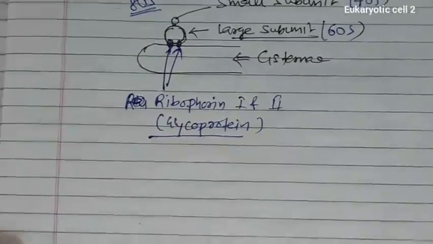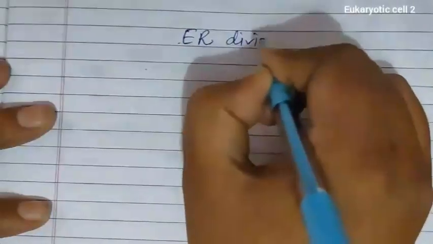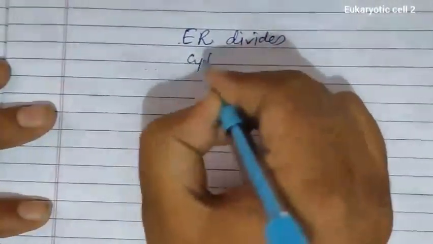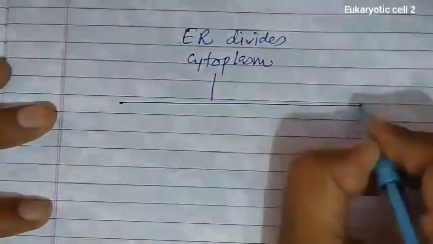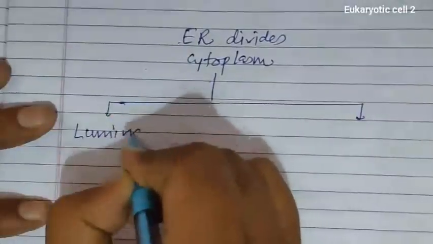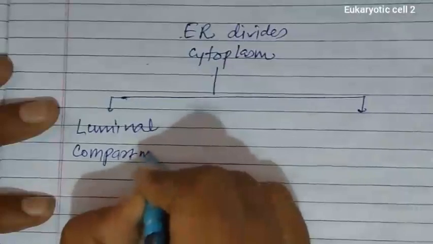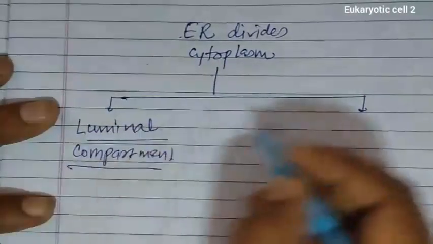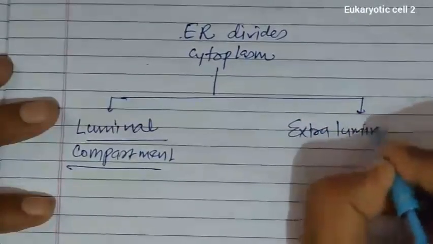Now, next we talk about the ER compartmentalization. ER divides cytoplasm into two parts. One is luminal compartment and another one is extraluminal compartment.